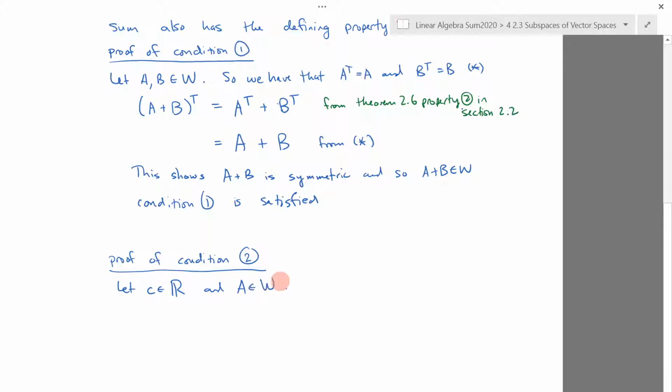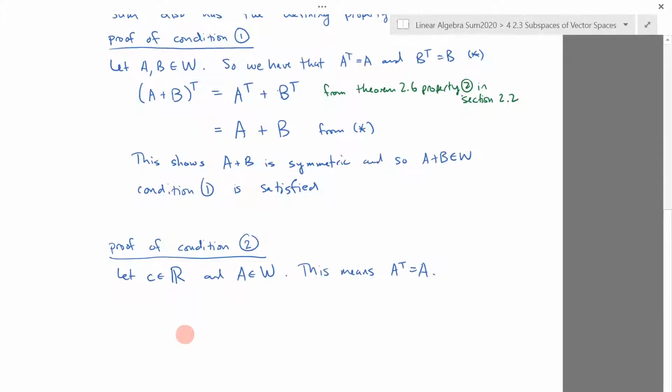Since A is symmetric, A transpose is equal to A. Now we have to verify that it's closed under scalar multiplication, so we need to show that C times A is symmetric.